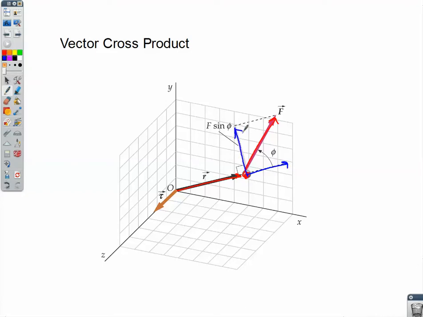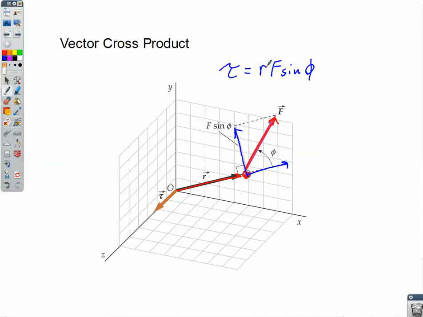It's only that perpendicular component that causes a torque on the object. And so we know that torque is equal to that perpendicular component, which is F sine phi, times r, the distance from the origin at which it's applied.